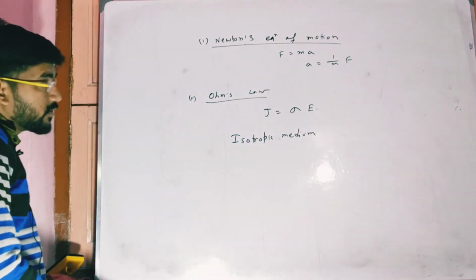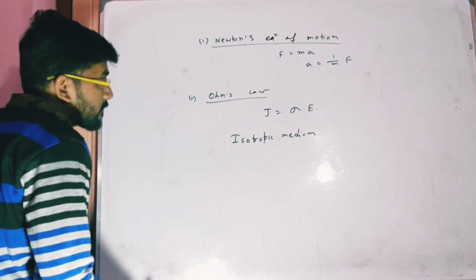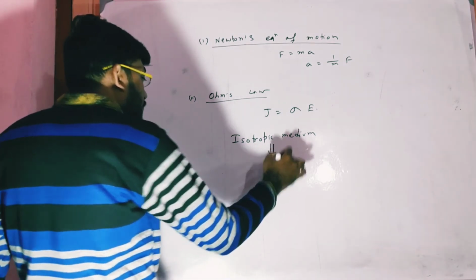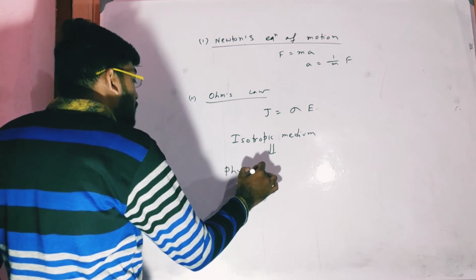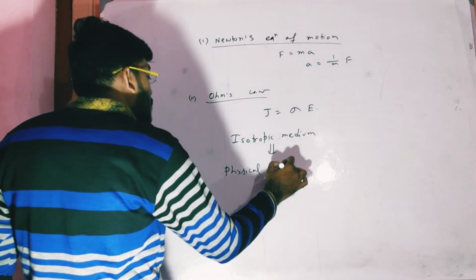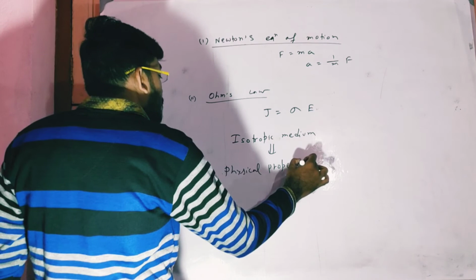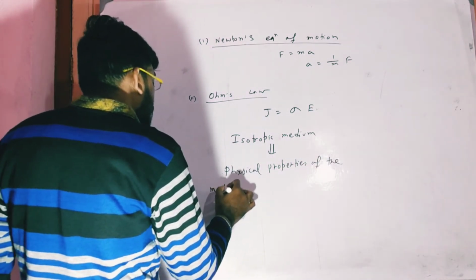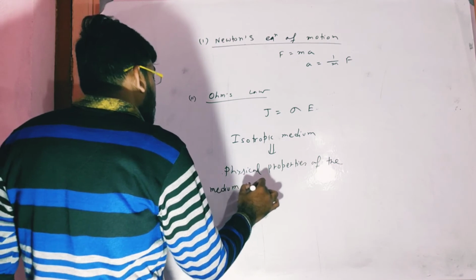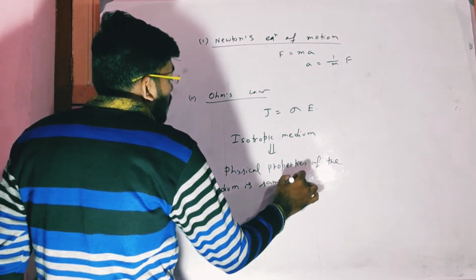Now, what do we actually mean by this isotropic medium? This is a medium where the physical properties of the medium are the same in all directions.